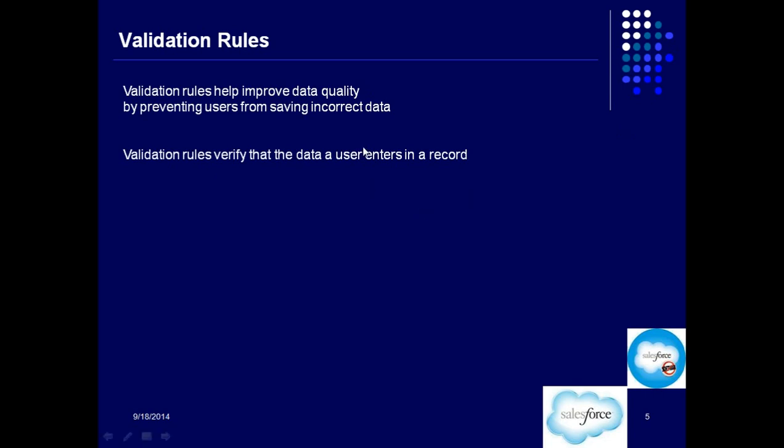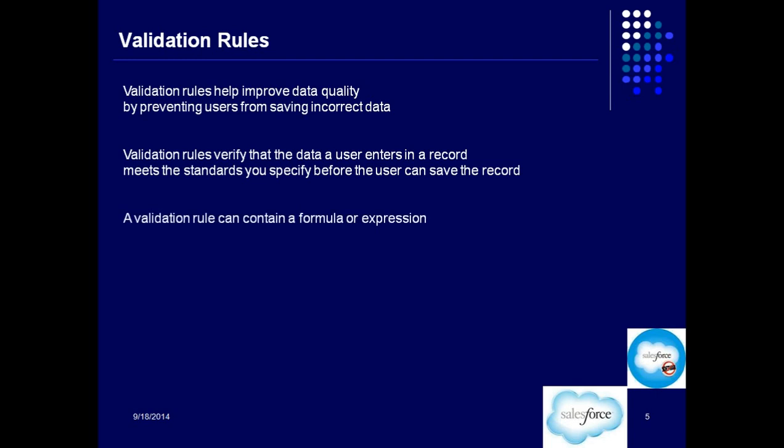Validation rules verify that the data a user enters in a record meets the standards you specify before the user can save the record. Okay, so it checks for the criteria before the record is saved. A validation rule can contain a formula or an expression.